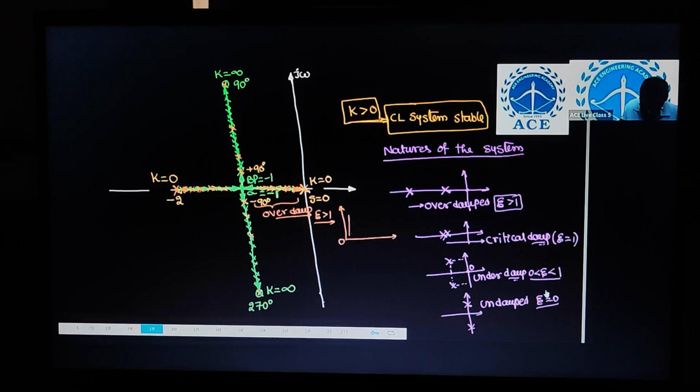What is the response for overdamped? The overdamped response rises sharply and decays exponentially.